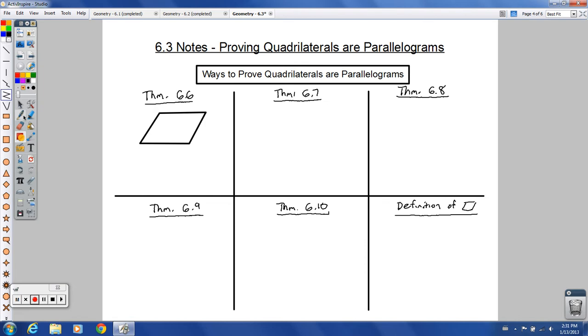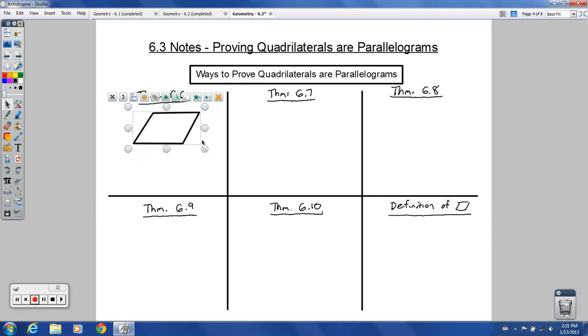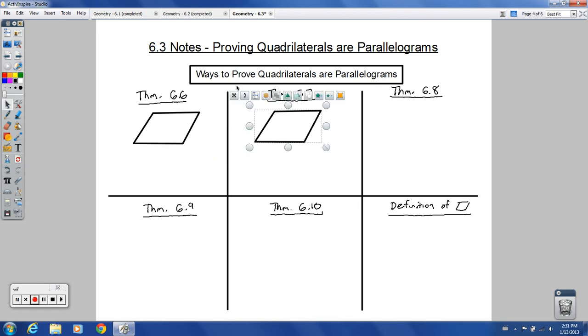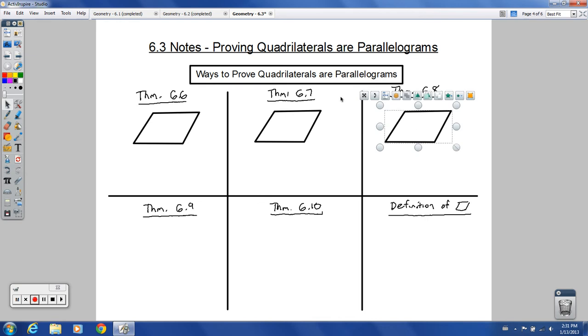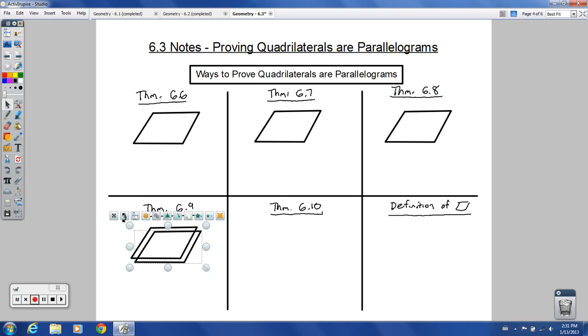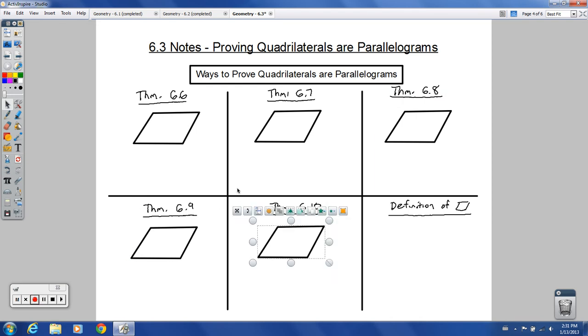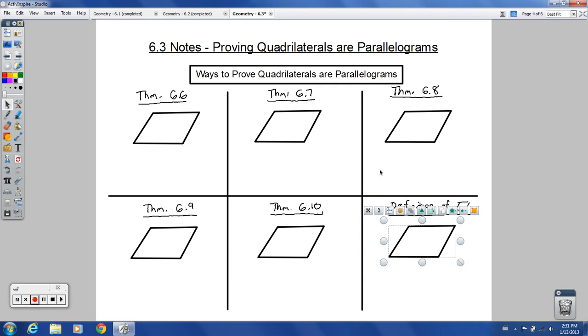Yeah, that one's pretty good. Okay, so just take that general parallelogram and duplicate it 6 times. Okay, so make 6 parallelograms here.